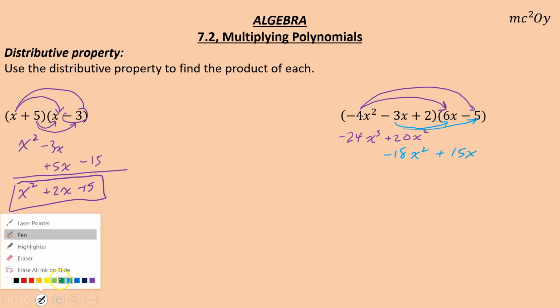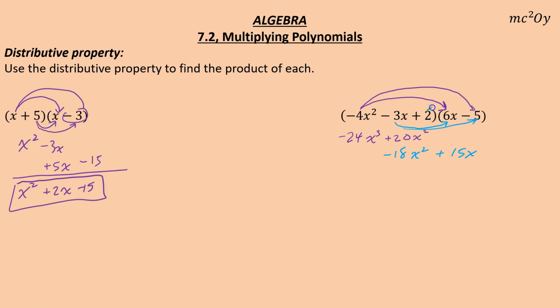And then it gets a little messy. Then I go 2 times 6 is 12, and that's x. And positive 2 times negative 5 is negative 10. So notice once again I stack my terms. Negative 24x cubed. Positive 20 and negative 18 is positive 2x squared. Positive 15 and positive 12 is positive 27x, and negative 10.